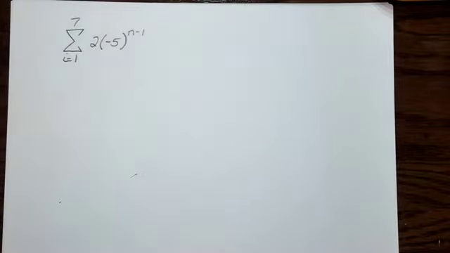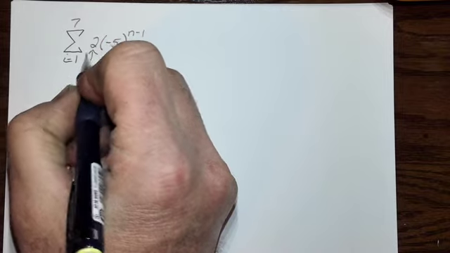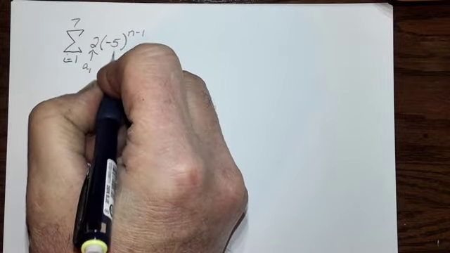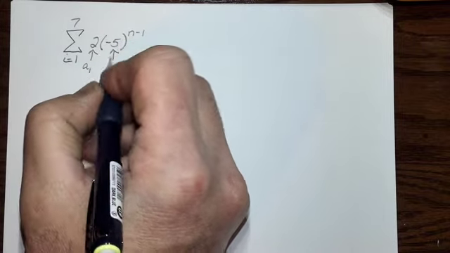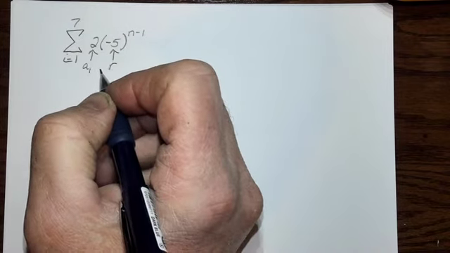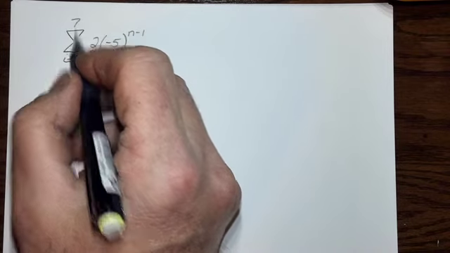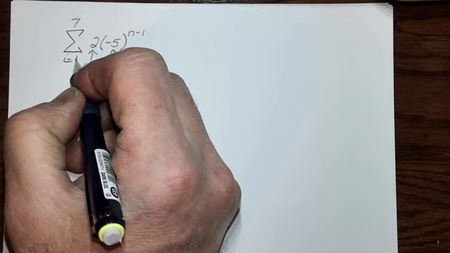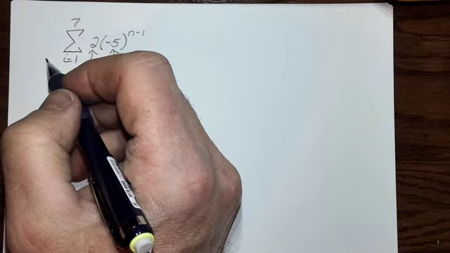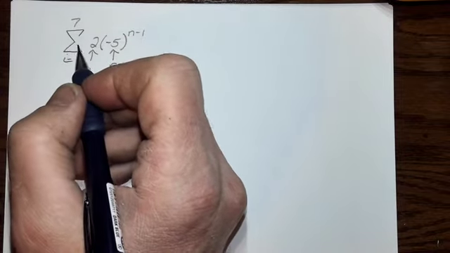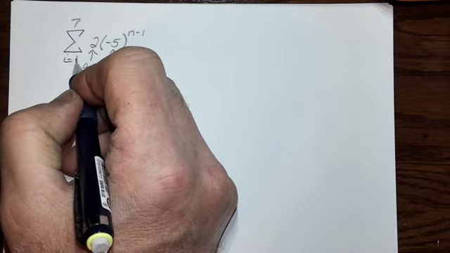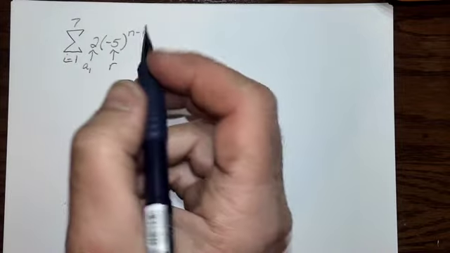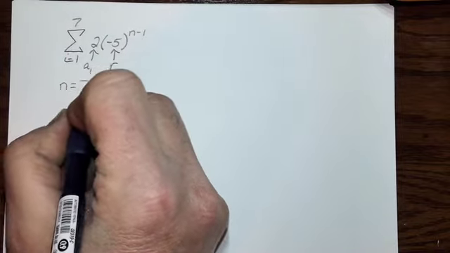Anytime it's in that form, this term that's right here is a sub 1. This thing that's being raised to the power is r. And n is just a matter of counting. If I started at 1 and went to 7, how many terms is that? Okay, so if it starts at 1 and goes to 7, obviously n equals 7.